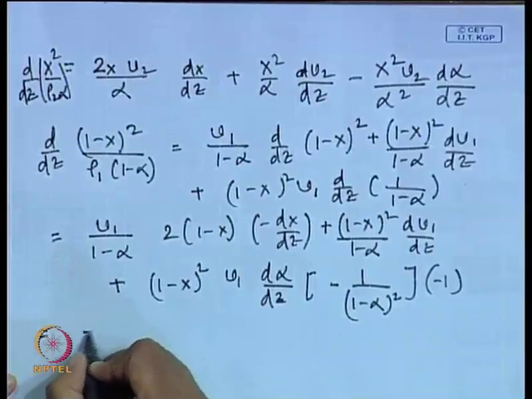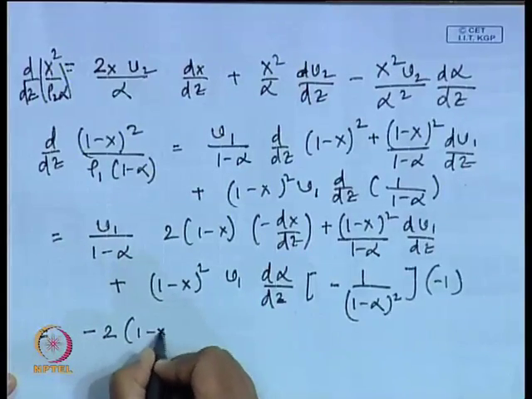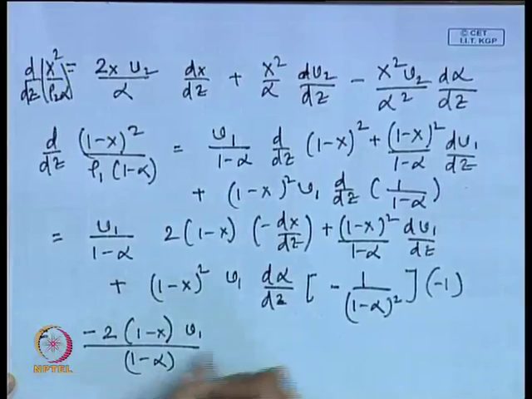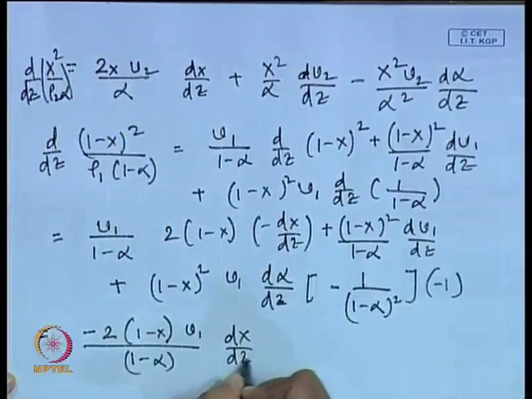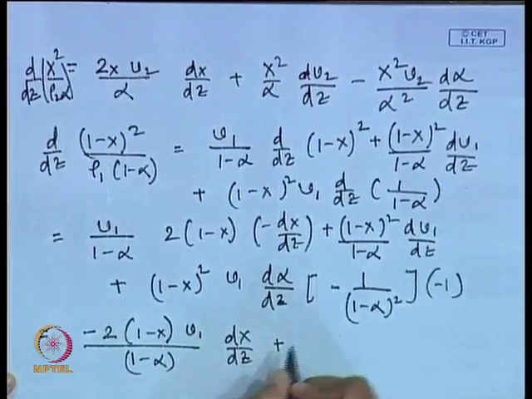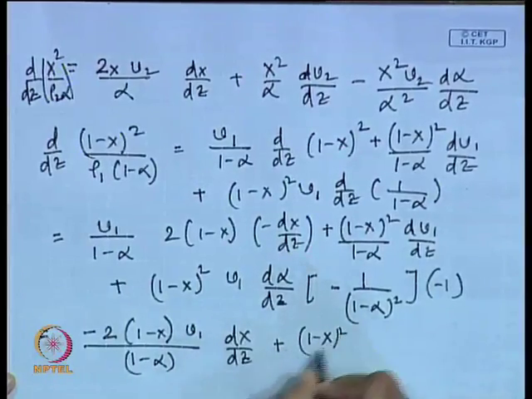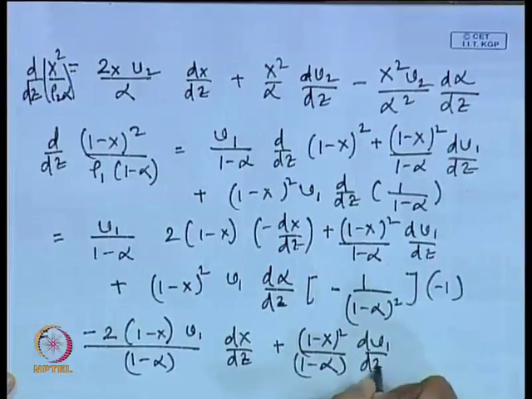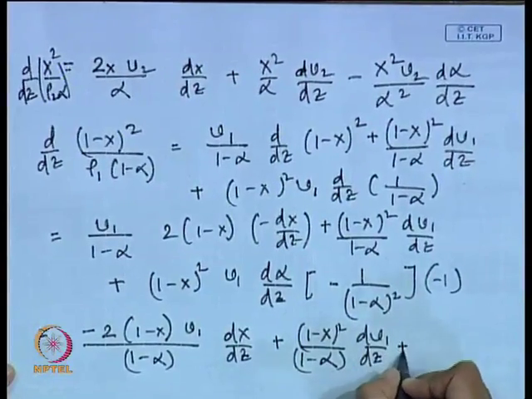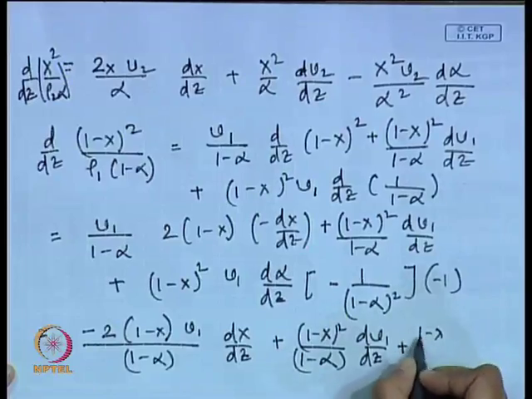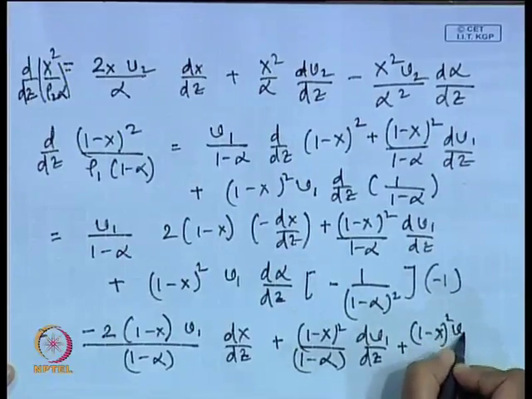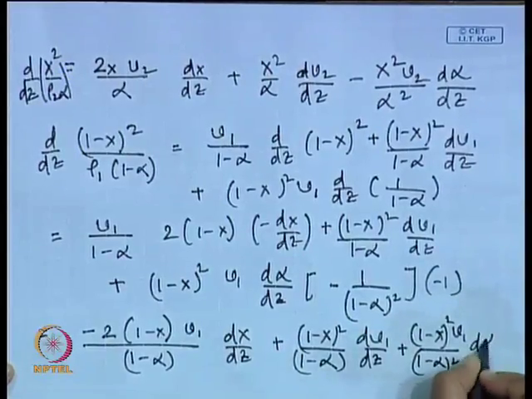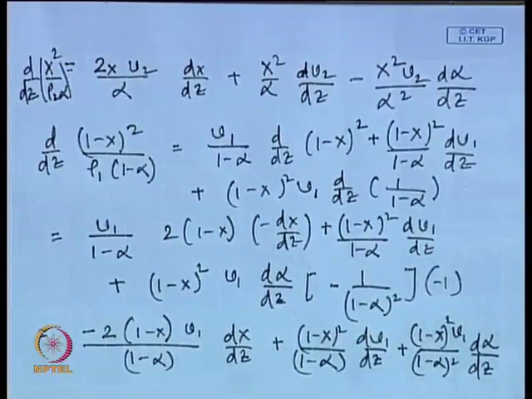So, this gives you minus 2 into (1 minus x) v1 by (1 minus alpha) dx/dz plus (1 minus x) whole square by 1 minus alpha dv1/dz plus (1 minus x) whole square v1 by (1 minus alpha) square d alpha/dz.